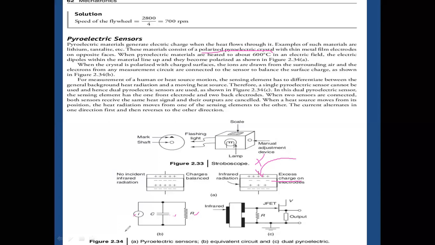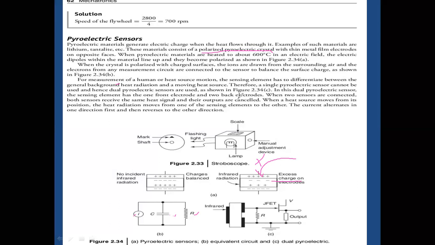While running, walking, jumping, or dancing, heat is liberated within the body. So the sensing element has to differentiate between the general background heat radiation and the moving heat source.